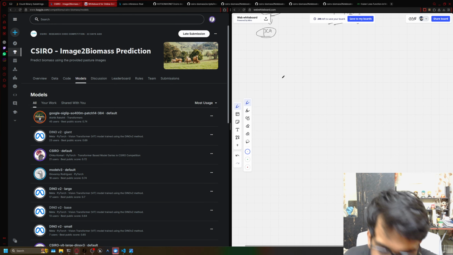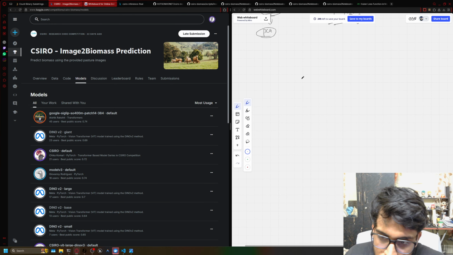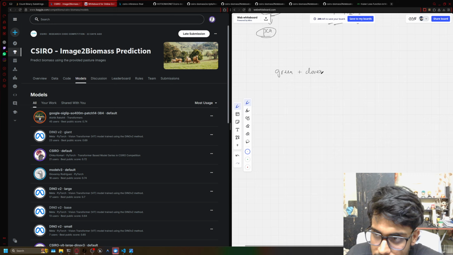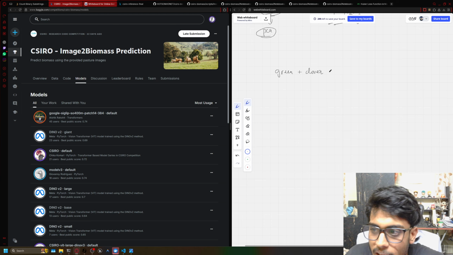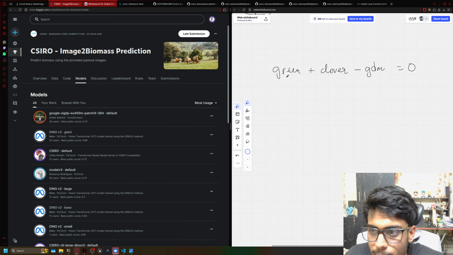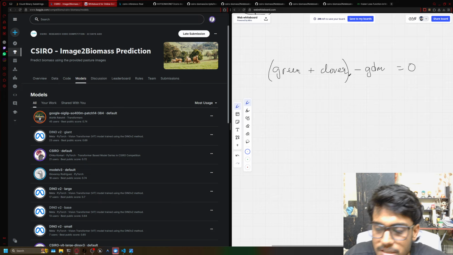Basically I had some constraints, right? I know my green plus clover should be equal to my GDM prediction. So I can have a constraint like green plus clover minus GDM should be 0, because the summation of these two results in GDM.